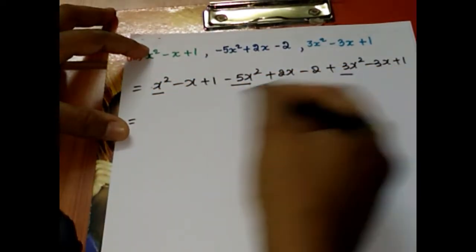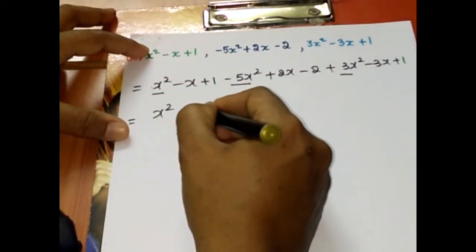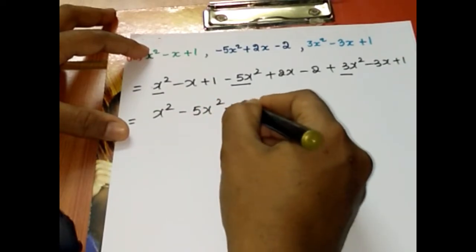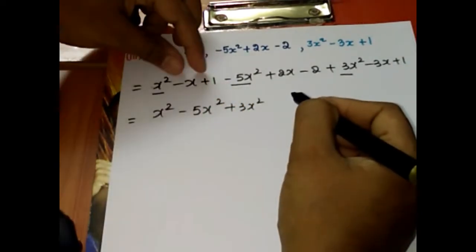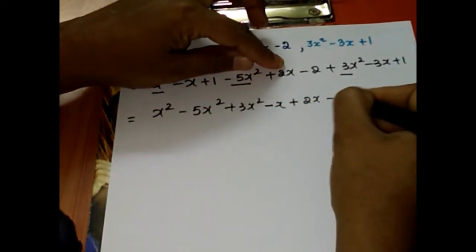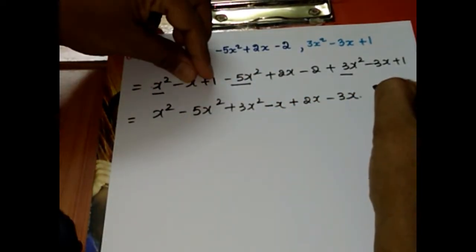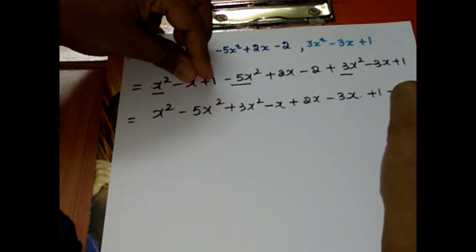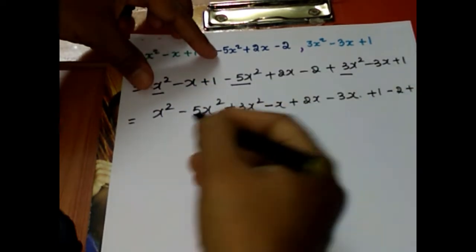Let me go fast. x square minus 5x square plus 3x square. Next, minus x plus 2x minus 3x. Constant terms: plus 1 minus 2 plus 1.